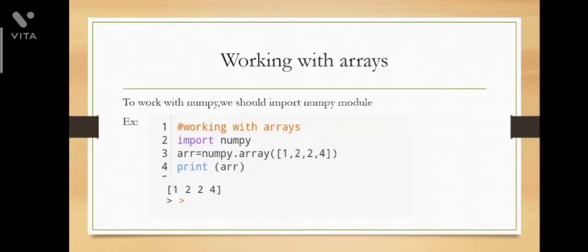So if we want to work with arrays, we should import the NumPy module. Here I have written a program that is working with arrays. Import numpy. Here I am importing the module NumPy, and array equals numpy.array of 1, 2, 3, 4. So print array. In the output we got 1 2 3 4.